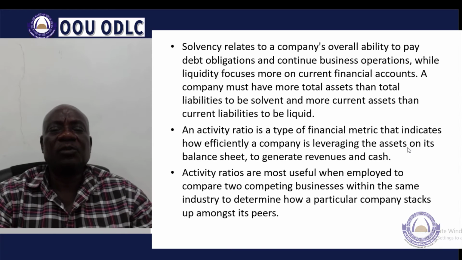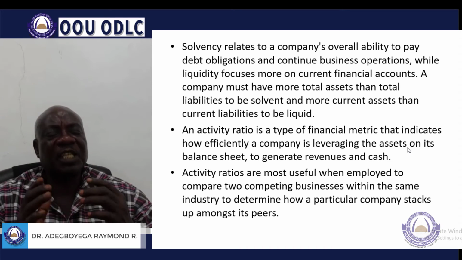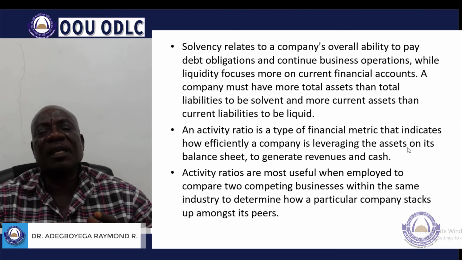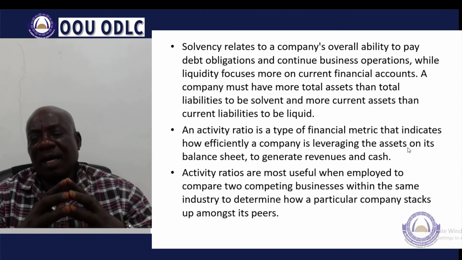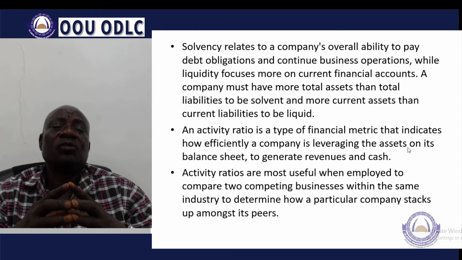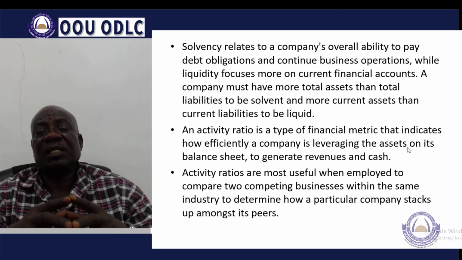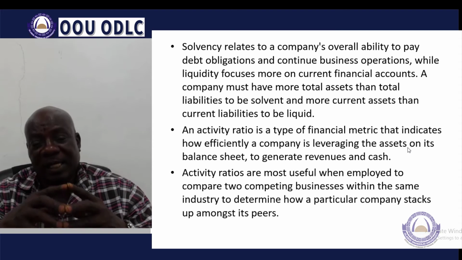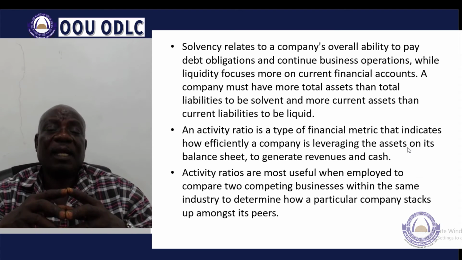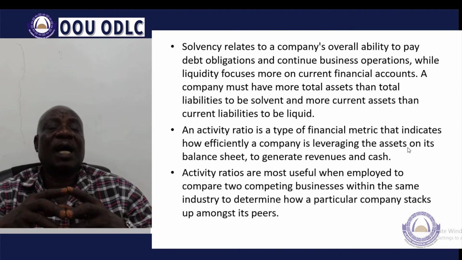Then we have the activity ratio. Activity ratio is a type of financial metric that indicates how efficiently a company is leveraging the assets on its balance sheet to generate revenues and cash. There are some companies that make use of outside finance more than their own capital, and the activity ratio will indicate whether a company is making use of its own assets on the balance sheet to generate income rather than external funds, because the capital of the company is part of the assets of the company.